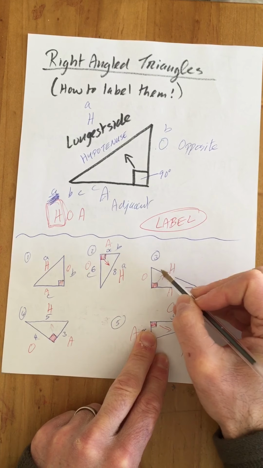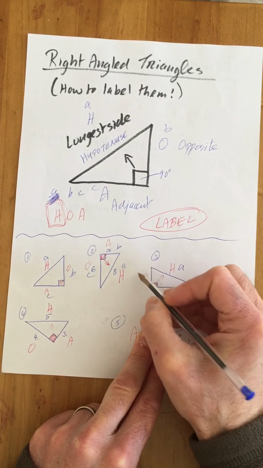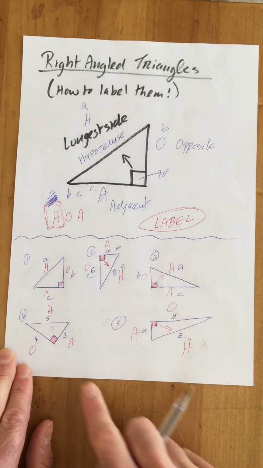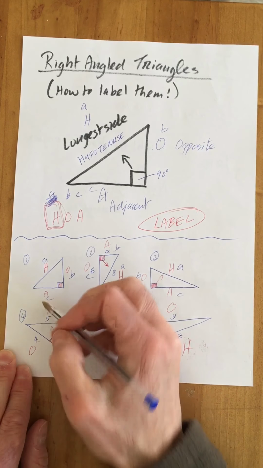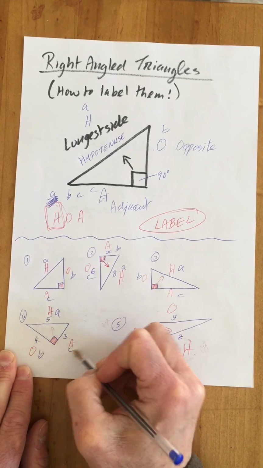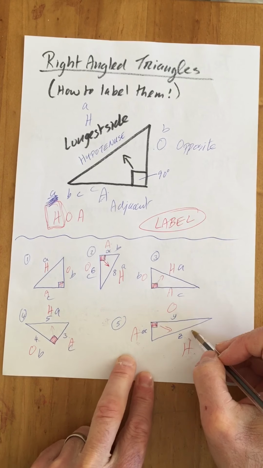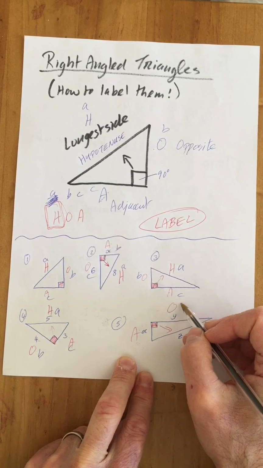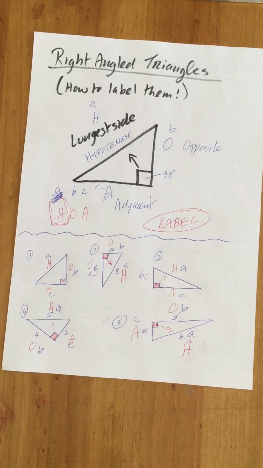In question 3, the hypotenuse is A, and so on for the rest. It doesn't matter which one you call B and which one you call C. However, getting your hypotenuse, or letter A, is the most important.